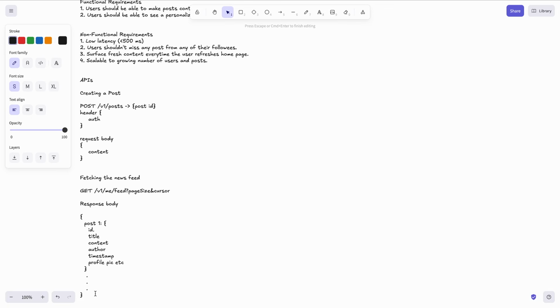By defining the APIs, now we have a clear contract to build our backend services.